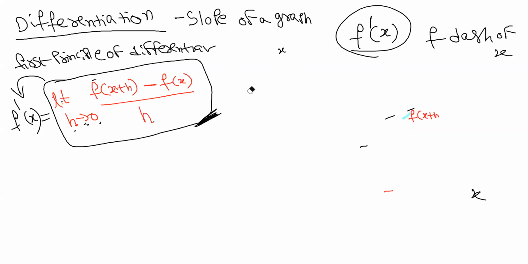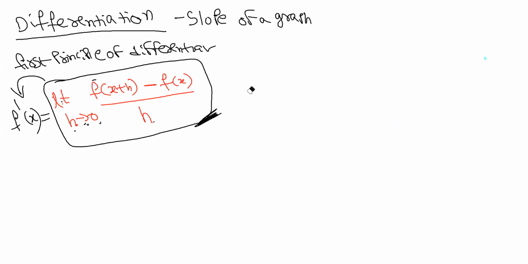If the function f of x is x square minus 2, then find the differentiation by using first principle. It is called a find the derivative question.